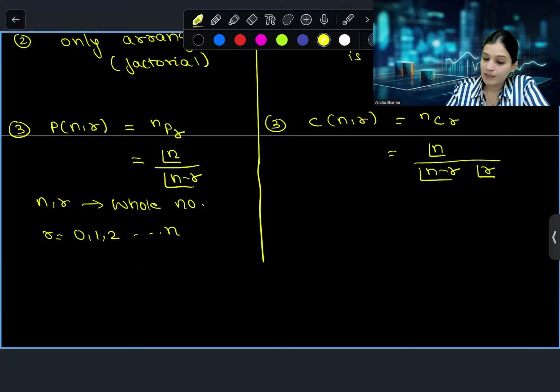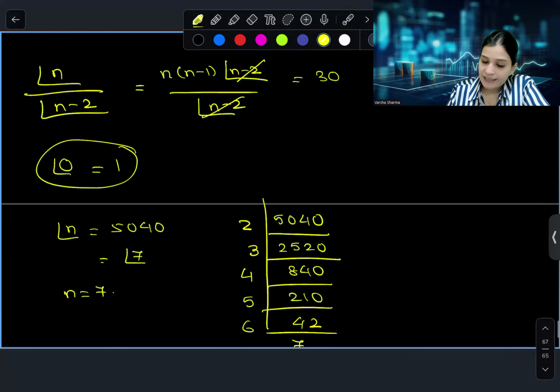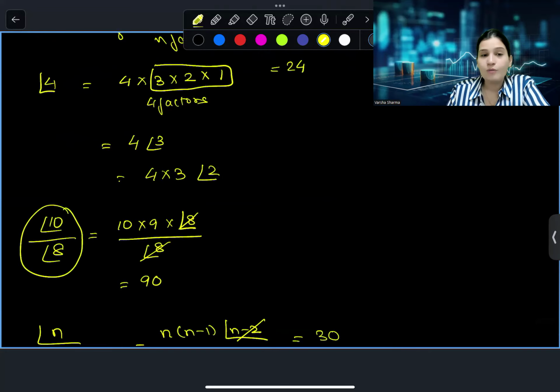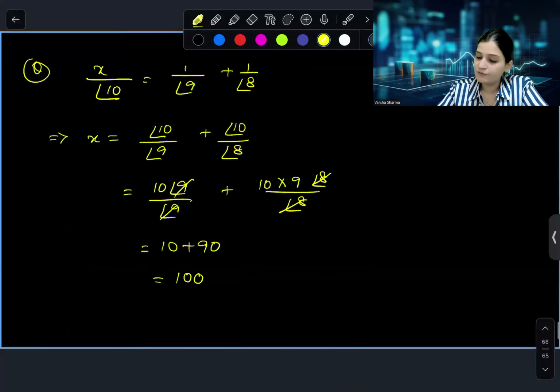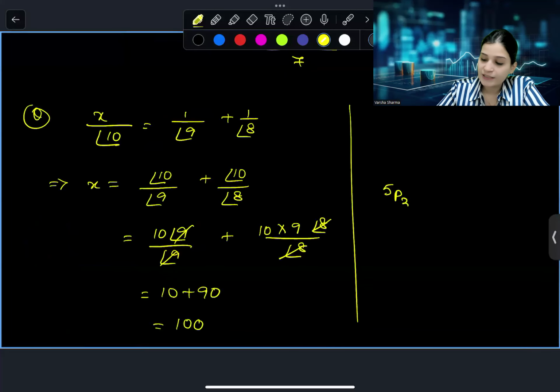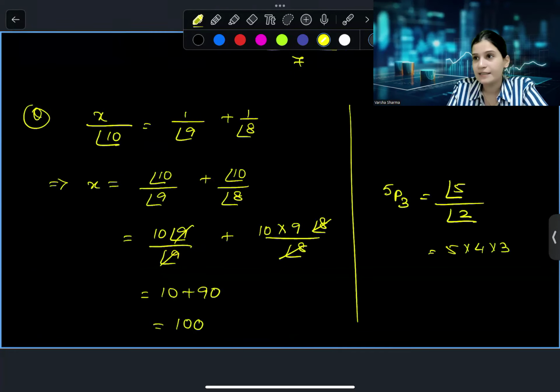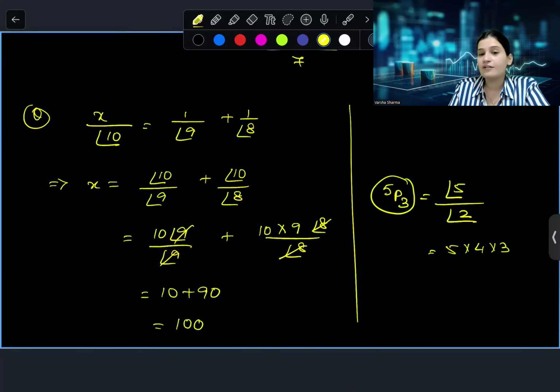Now remember, when you divided 10 factorial by 8 factorial, how many factors did you get? 10 and 9, only 2 factors. When I'm going to open, for example, 5P3, factorial 5 upon 5 minus 3, 2 factorial, I'll open 5 factorial, 5, 4, 3. 2 factorial gets cancelled. So when I opened 5P3, I got 3 factors, right?